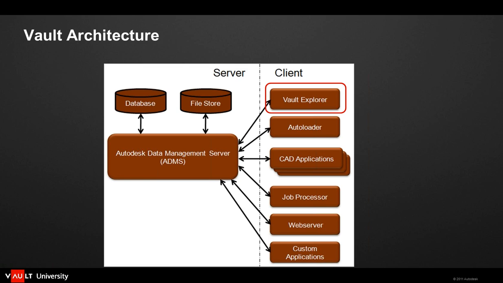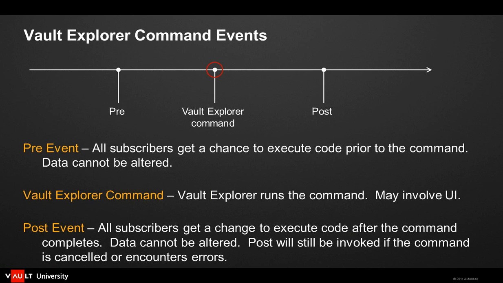Back to my architecture diagram, the point we're hooking in here is specifically Vault Explorer. That's the only context in which this type of hook makes any sense. The timeline's pretty straightforward. You've got the pre, you've got the command, and you've got the post. The command itself might be simple or complex, and there may or may not be UI.